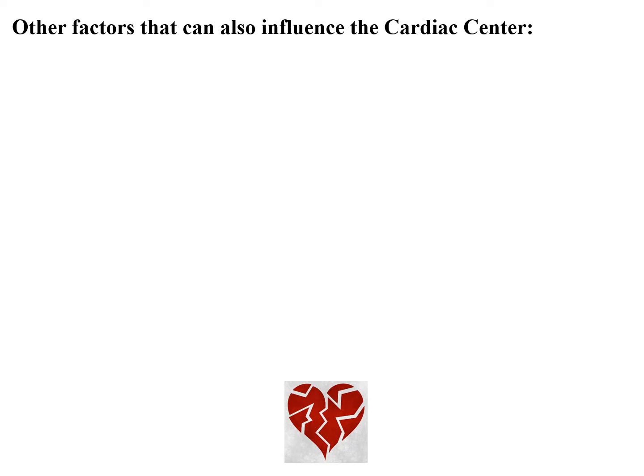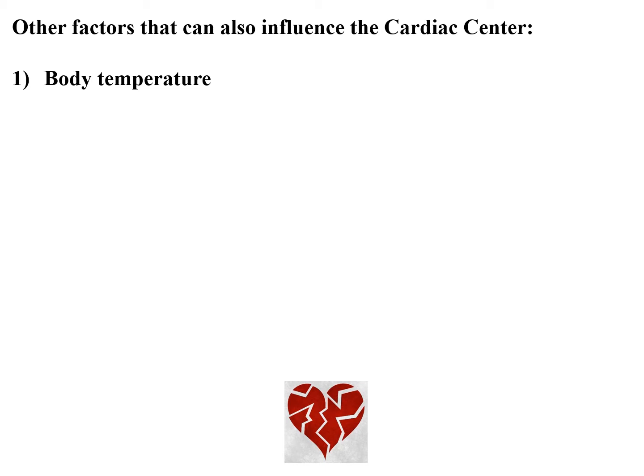Okay, so in addition to blood pressure changes, for example, in the aorta or in the carotid sinuses of the carotid arteries, there are other factors that can also influence whether the heart rate speeds up or slows down. So let's talk about a few of which we've all experienced. For example, when we run a fever, our body temperature can have big impacts on the heart.